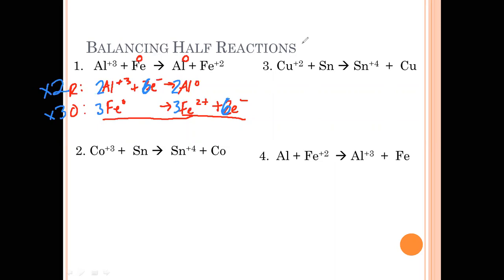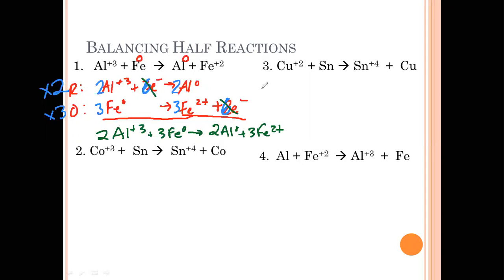Okay? And then before I add them together, I can cancel out my electrons because they're equal. And I have 2Al3+ plus 3Fe0 yields 2Al0 plus 3Fe2+.